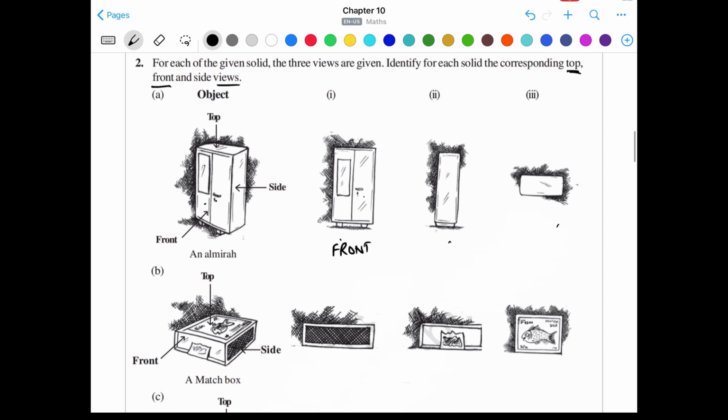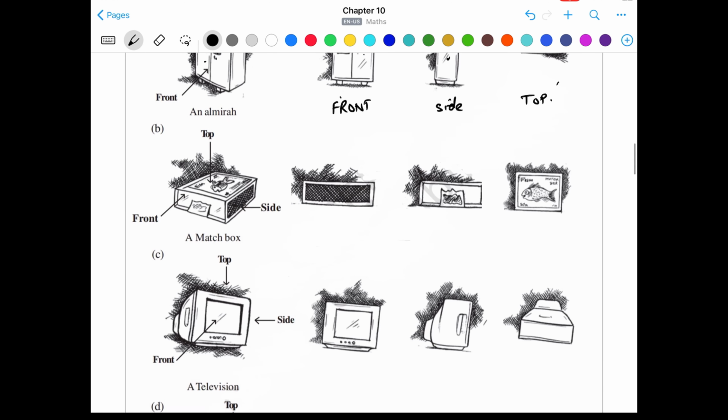Then if we look from the side, you will be able to see a rectangle with slightly longer height. So this one is the side view, and the top view will be the last one. Next is similar to this one. As you can see, we can see this shaded region here, which is the side view of this matchbox.